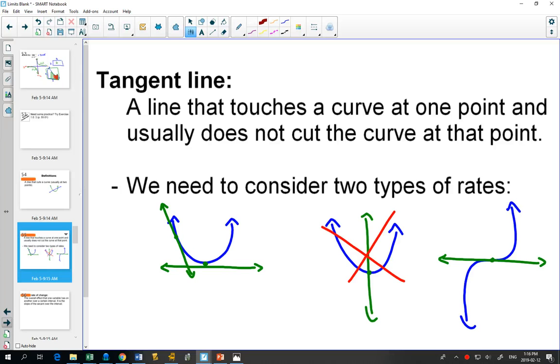And sometimes, if I took another point on this and drew the tangent there, it does cut through the graph again, but that would still be a tangent at that point. It's the line that touches it only once.